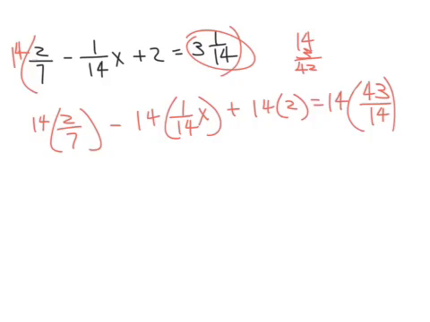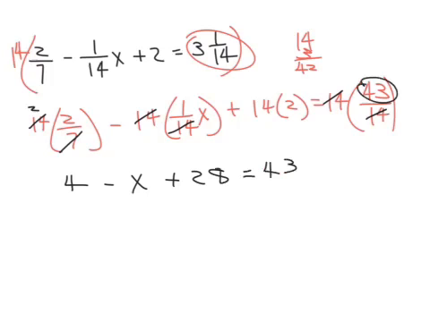All right, so what we can do then is cancel that with that and get a 2, that and that completely, and that and that. So let's see what we have. 4 minus 1x plus 28 equals 43. Our fractions went away. Now we can add that and get 32.